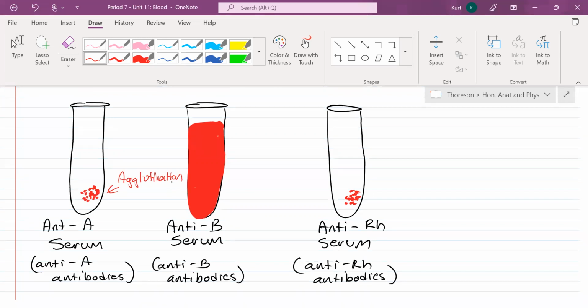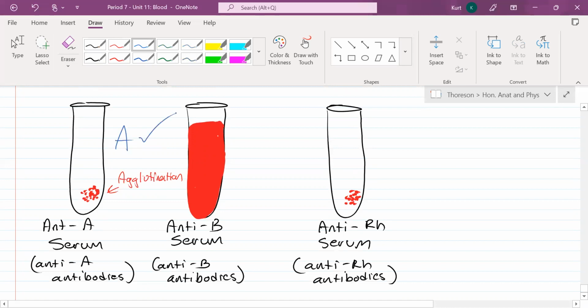So Hannah, if I put Eva's blood into a vial with anti-A antibodies, and the antibodies attacked her cells, what does that say about her? She has the A antigen. So in this one, Eva is positive for A blood. So she's definitely A. She has that.